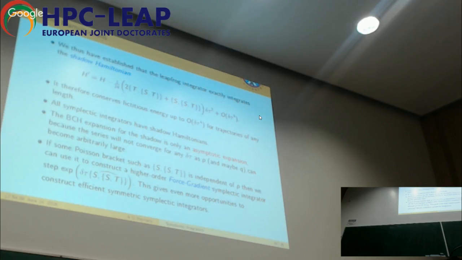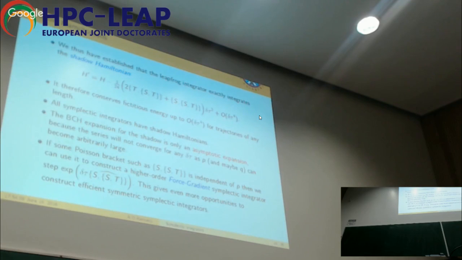However, if you're choosing your p's reasonably, then the series will converge up to some delta t, where the integrator becomes unstable, which is the same occurrence as the shadow Hamiltonian ceasing to exist. I should be more careful about it. This is an asymptotic expansion.